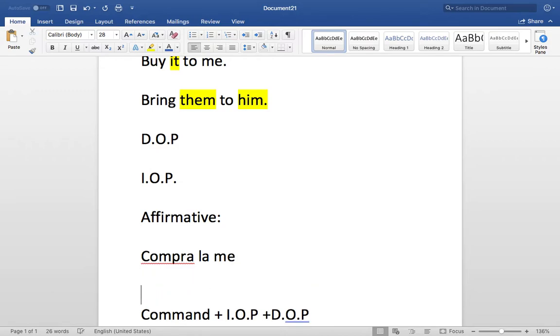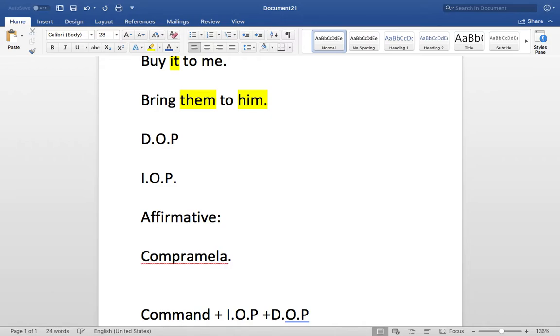So right here, this is pretty much how you talk in English, right? In English it is command, direct and indirect, which is right here. In Spanish, we don't talk that way. This one comes first, me, and then la, and all that you have to attach to the command. For example, cómprame la. This is how you say it.